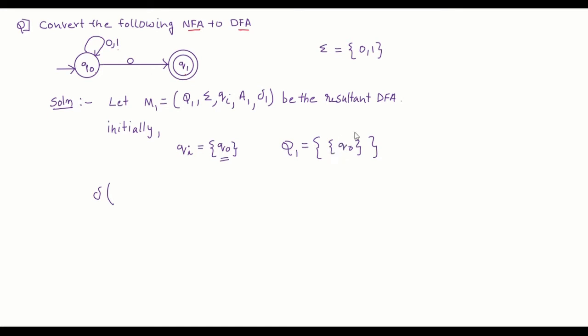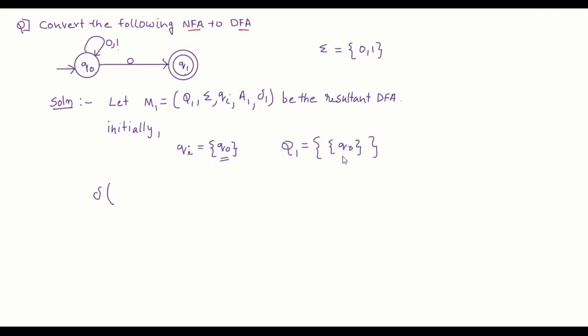For every state that is there in Q1, you find out the transition of that state on 0 and of that state on 1. Now if a new state is generated in this, that new state will be added to Q1, and in the next iteration again the transition on 0 and transition on 1 for that new state will be done. All this let us do by solving.